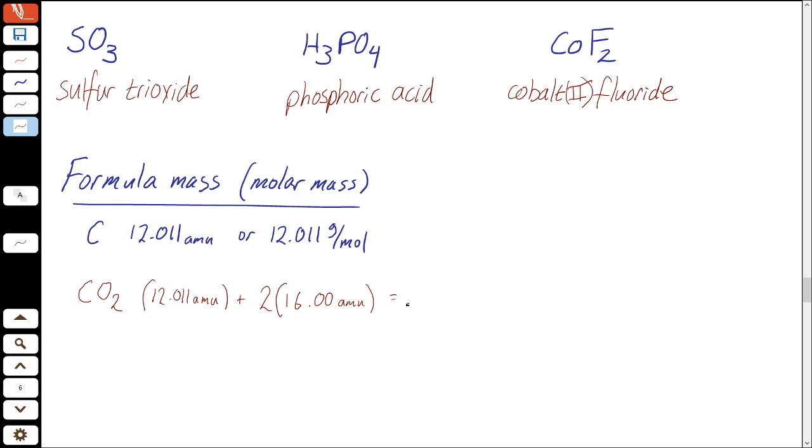Right. So we add up 1 carbon, 2 oxygens, and we've got the mass of carbon dioxide. We can also use that as a molar mass. That same number tells us how many grams are in 1 mole of carbon dioxide.